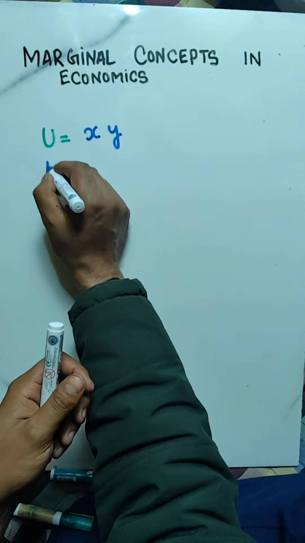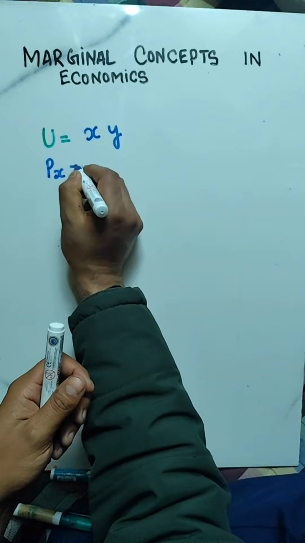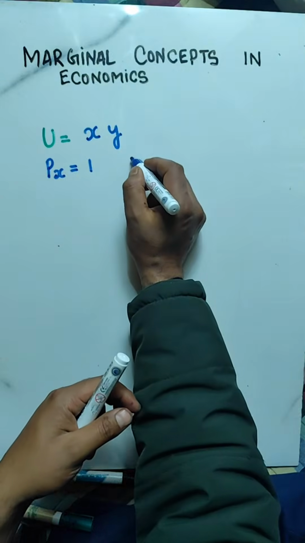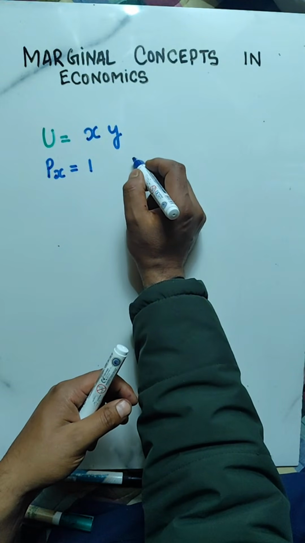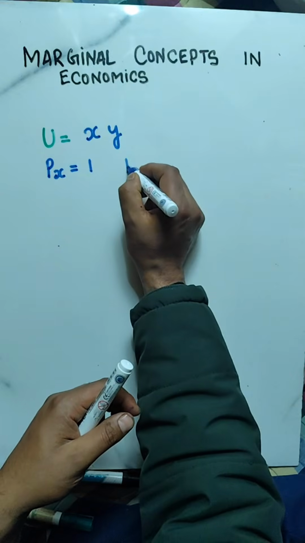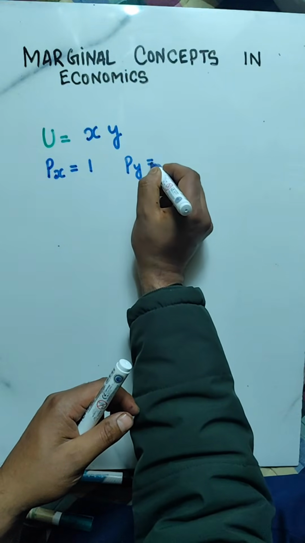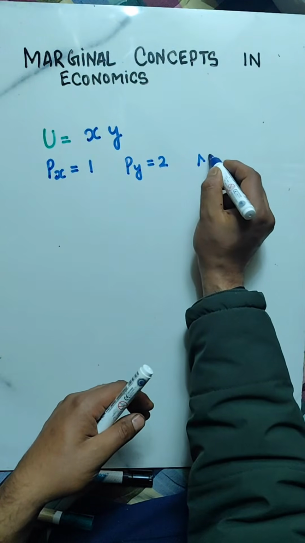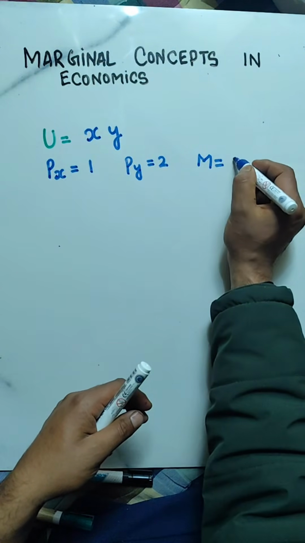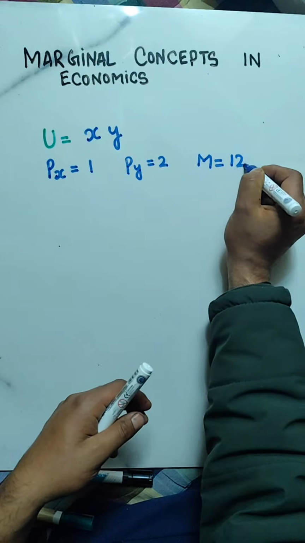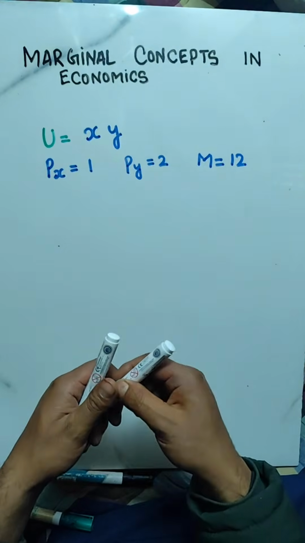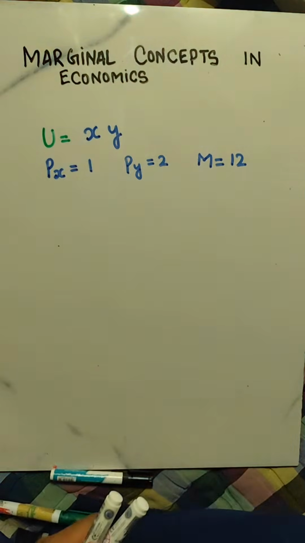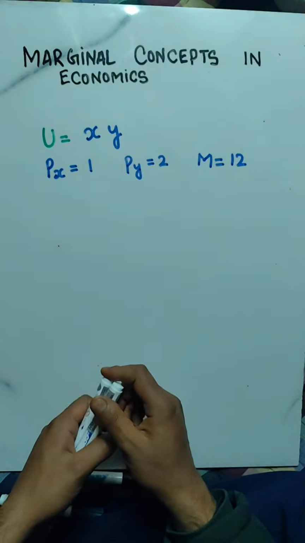The price of good x is 1, the price of good y is 2, and the income of the consumer is 12 units. We need to find the utility maximizing bundle here. So this is the question I have received.